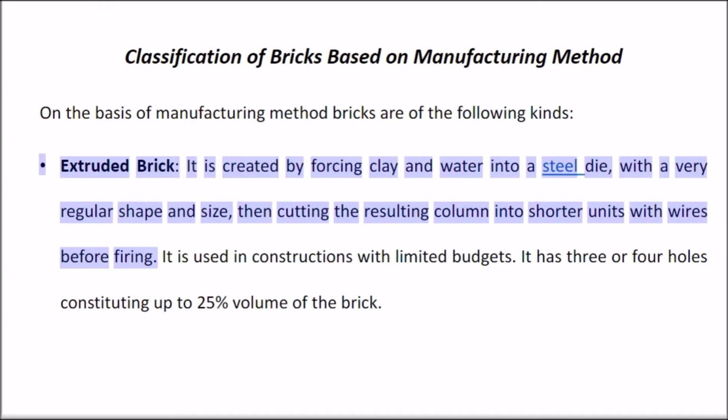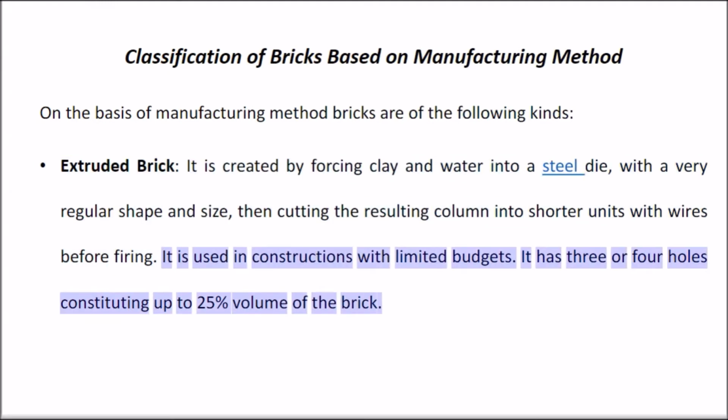It is created by forcing clay and water into a steel die, with a very regular shape and size, then cutting the resulting column into shorter units with wires before firing. It is used in constructions with limited budgets. It has 3 or 4 holes constituting up to 25% volume of the brick.